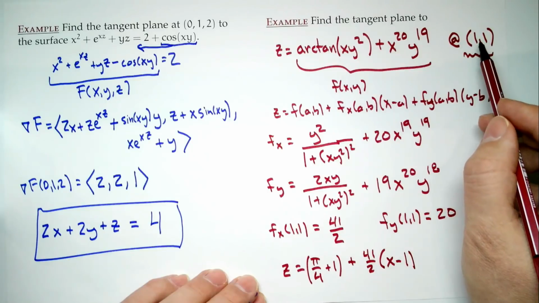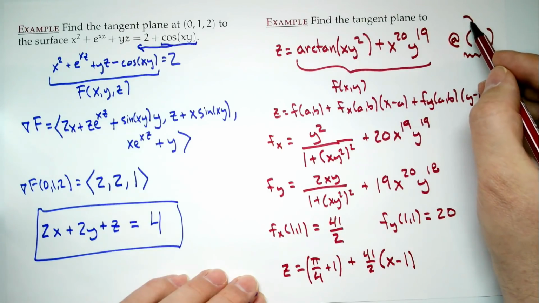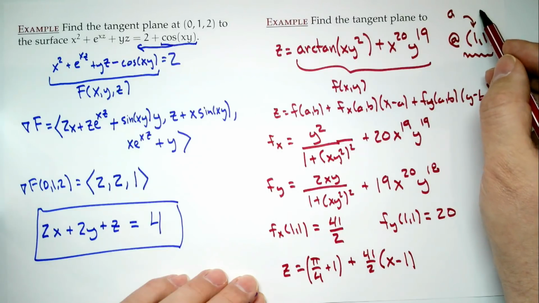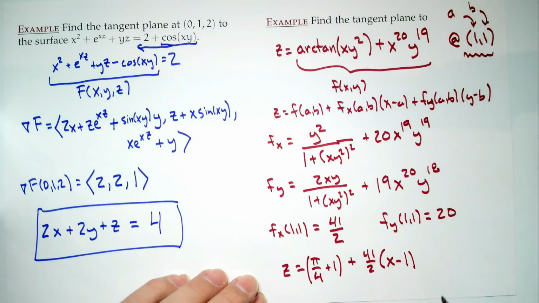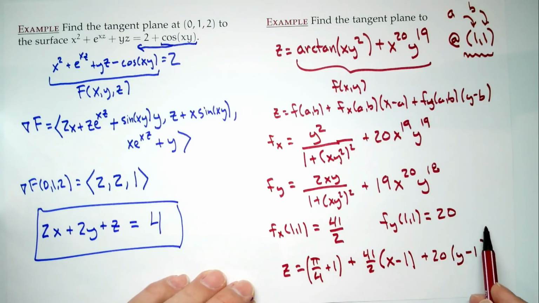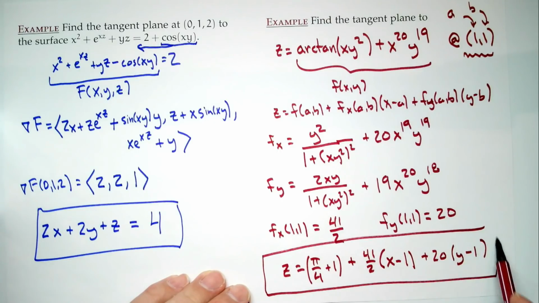Because this first one is my a, and this second one is the b. Then plus 20, which is f sub y evaluated at 1, 1, times y minus 1, which is the y minus b. And there we go.